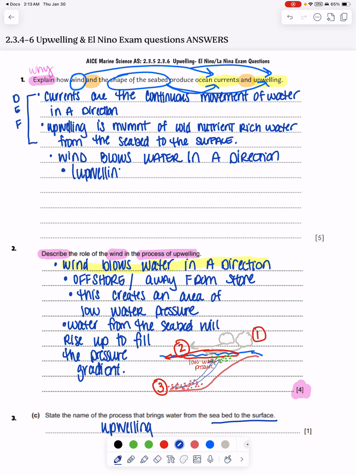I'm just going to add context in parentheses. Upwelling caused by offshore winds. So the main portion of this mark is that you're mentioning offshore winds and relating it to how this is going to force upwelling. But it doesn't have to be the exact sentence. We just need to be referencing offshore winds.